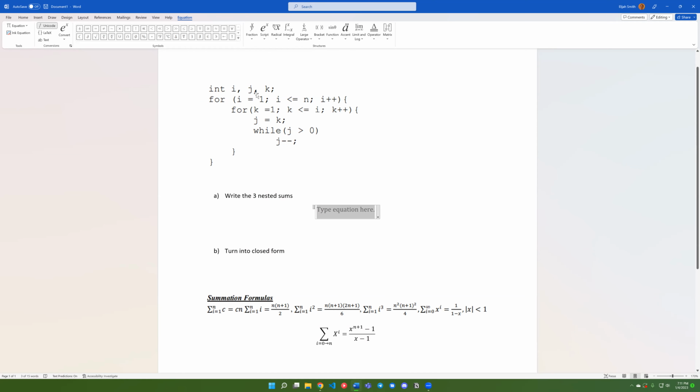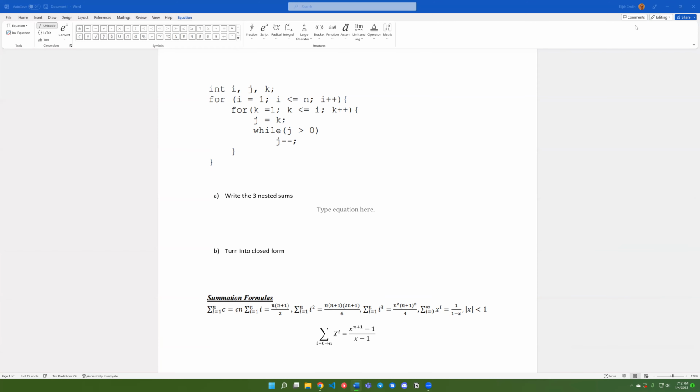So this one runs starting at 1 and goes up until and including n. This one starts at 1 and goes up to and including I, which I is only defined inside the summation that represents this for loop. So we know that this one has to be nested inside. If it were outside, then I wouldn't be defined, it wouldn't make sense. And then we're gonna have a third summation that represents this in here.